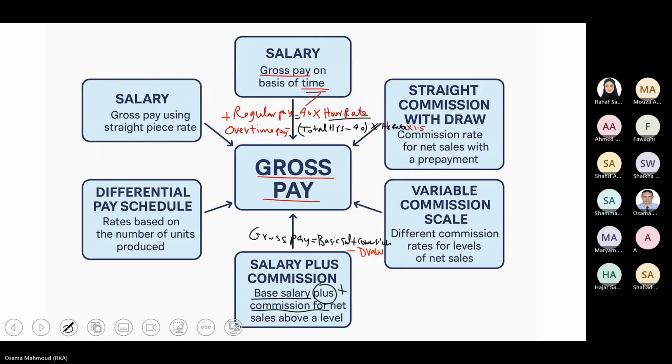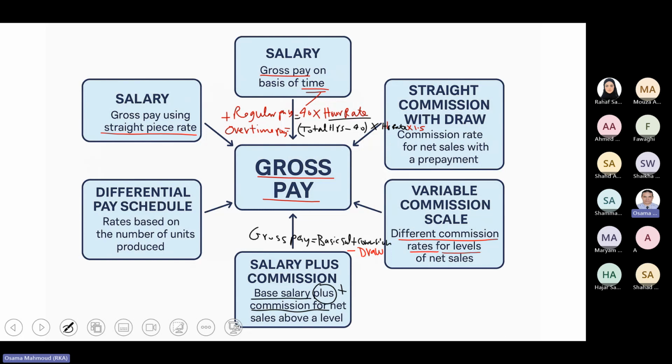Now, some people do not have a basic salary, they have only commission. This may be straight commission or straight piece rate. Straight means there is no change, it's fixed for everything, right? But sometimes they have different commission rates for different levels.